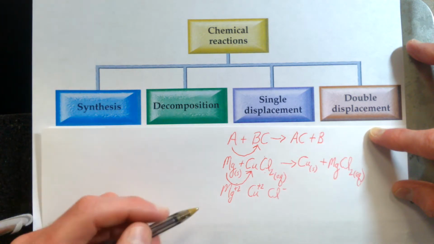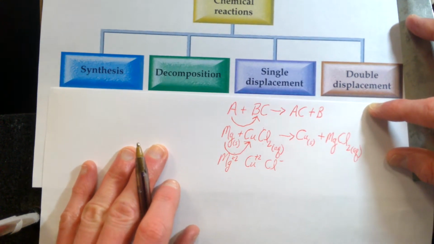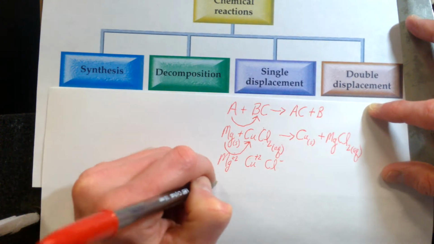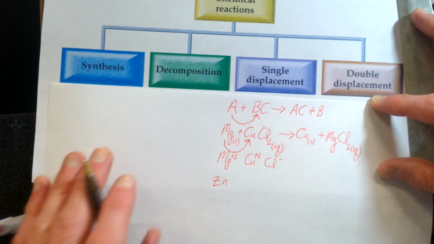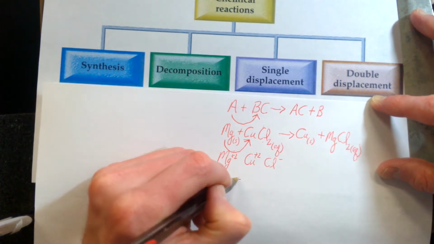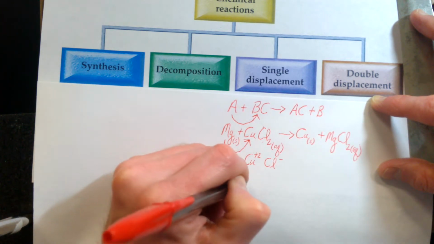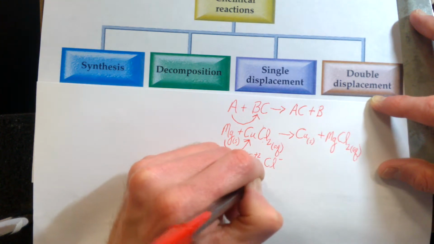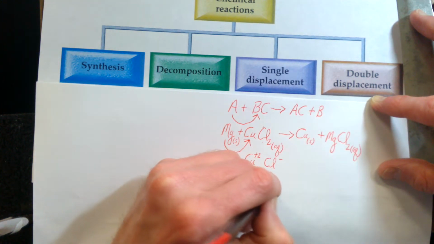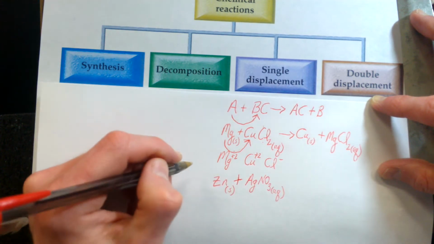Okay? Let's try one more of these single displacement reactions. Let's say we have zinc reacting with, let's say, silver nitrate. Silver nitrate solution is aqueous, and zinc is a solid.